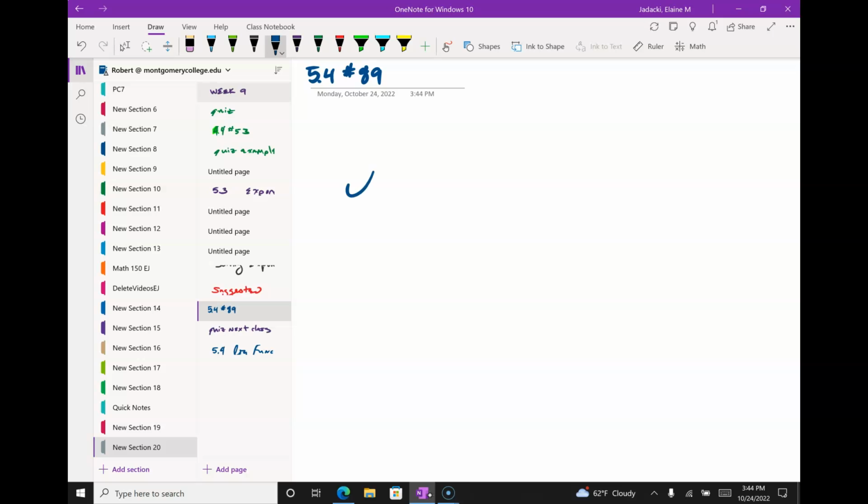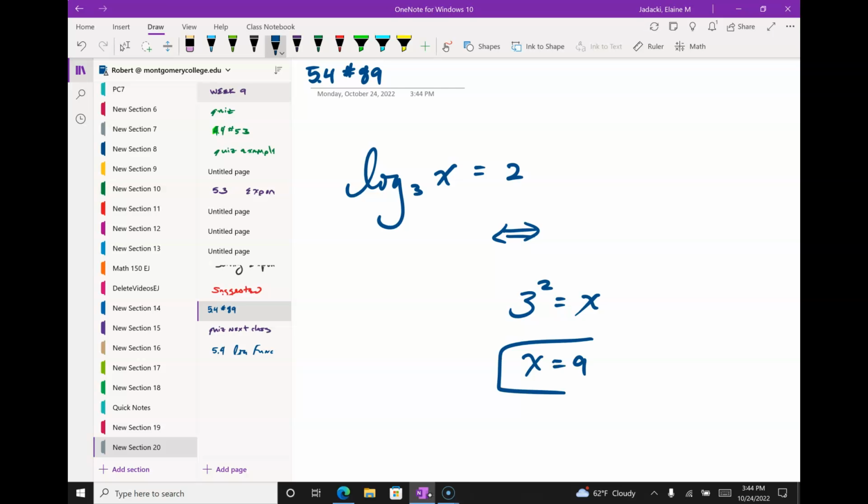I have log base 3 of x equals 2. Anybody know the answer right away? You know the base. You know the exponent. What's the missing piece? 9. Yeah. So translate. Base to the exponent is the argument. So x is 9. Simple, right?